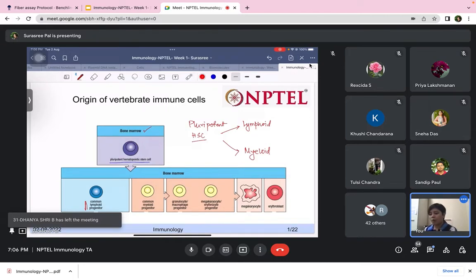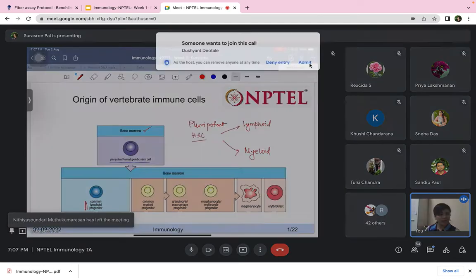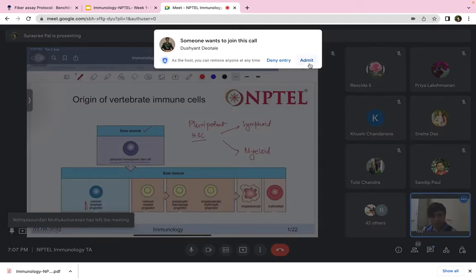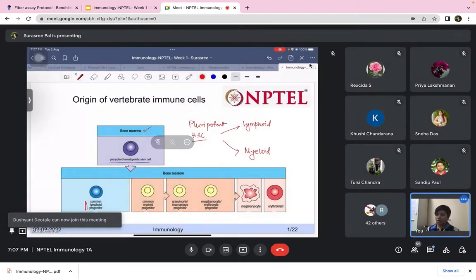From the common lymphoid progenitor, we will next see what kind of cells can originate. The other type is the common myeloid progenitor, from which again differentiation gives rise to different types of progenitor cells.